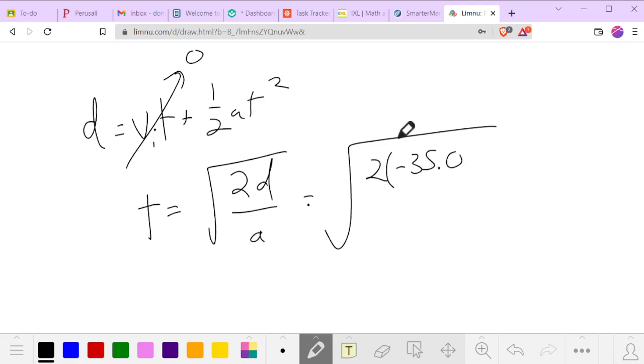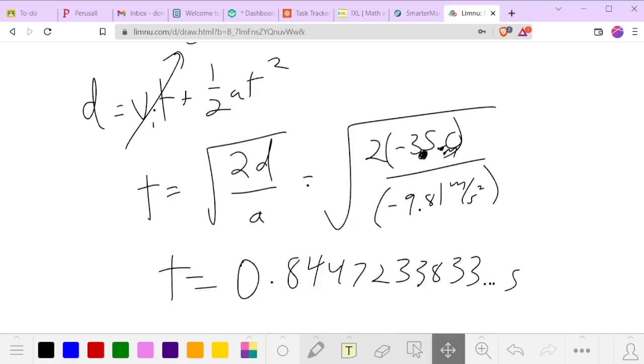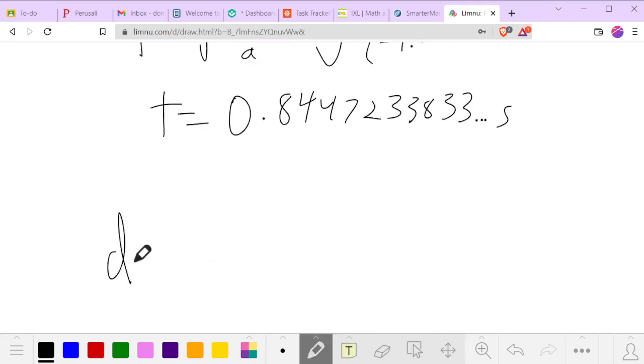He's going to drop 3.5 meters at negative 9.81 meters per second squared. So that's the square root of 7 over negative 9.81. So it's about 0.8447233833 seconds. So then the distance is the speed times the time.